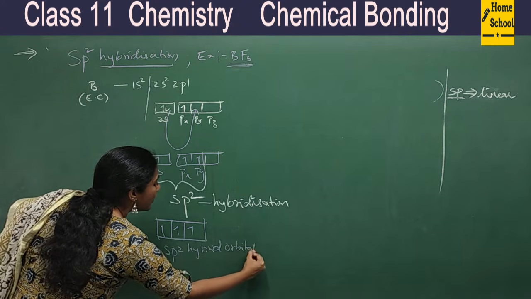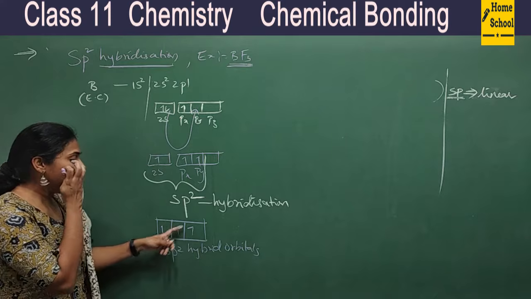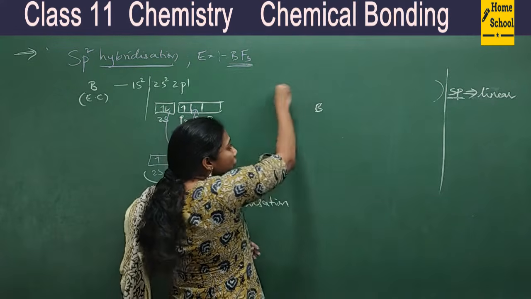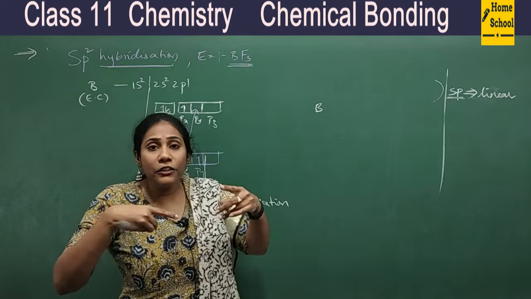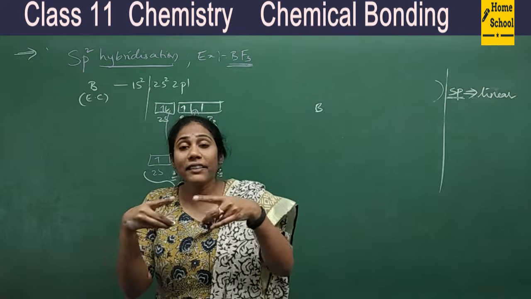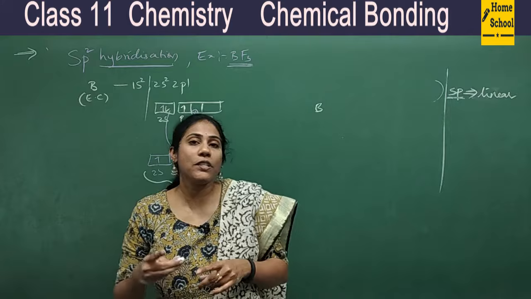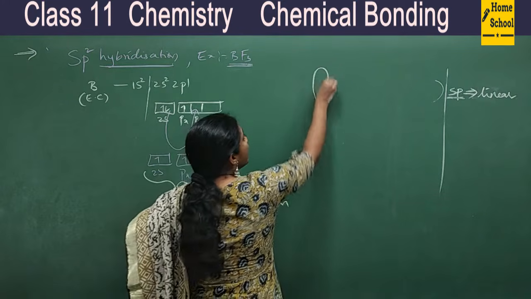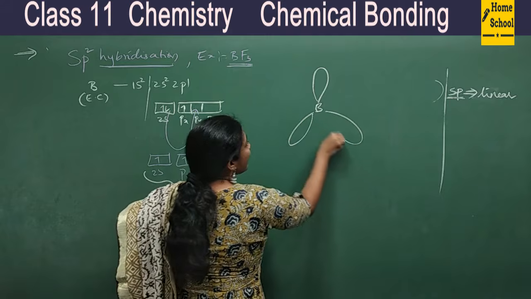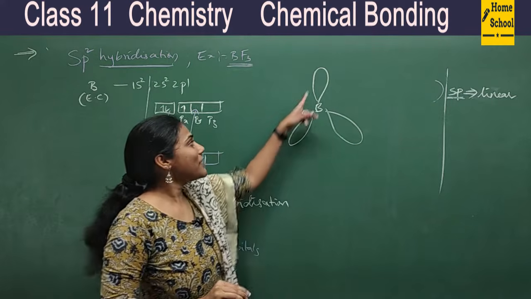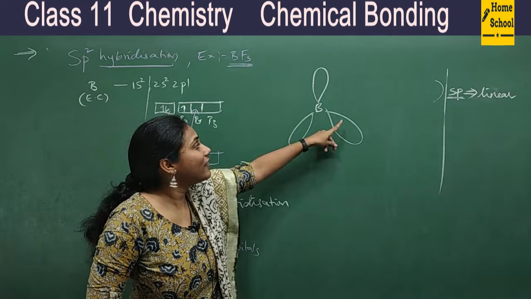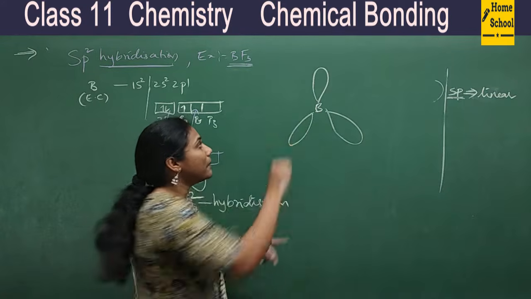Now these hybrid orbitals around boron should get arranged in different directions, so that they stay as far as possible to avoid the repulsion. So in what direction do they get arranged? In the form of a triangle, right? This is the only way all 3 can get arranged, so that you can observe minimum repulsion.